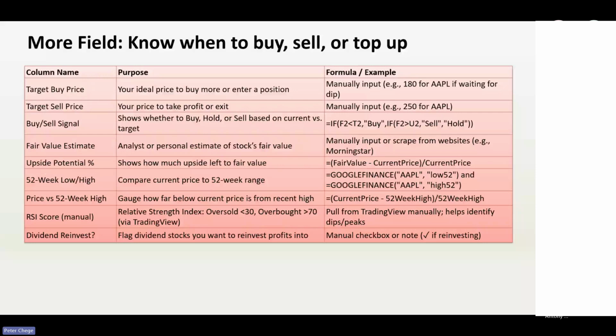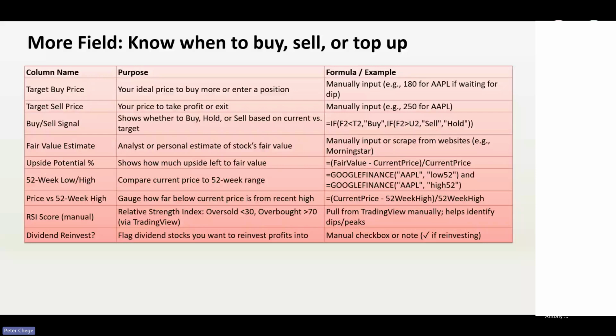Then you can even pull upside potential to show how much upside is left to fair value. Then the 52-week low and high. Price versus 52-week high, you can use that just to gauge how far below the recent high the current price is. Some of these you can put in manually, or you can pull using scraping.